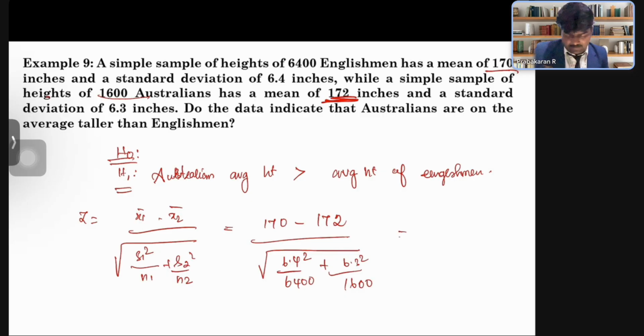By applying this, we can find the value. Just use your calculator. It comes to minus 11.32.